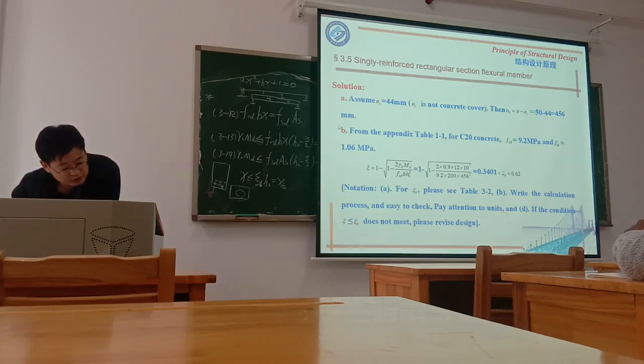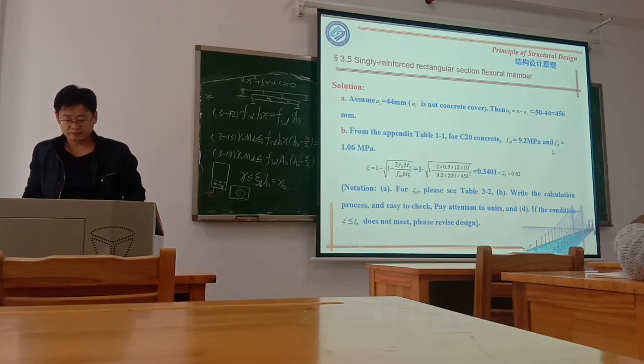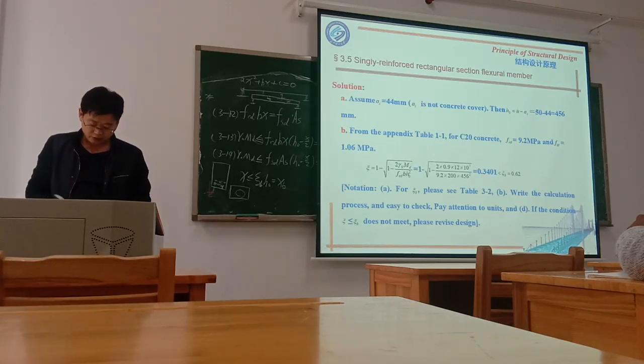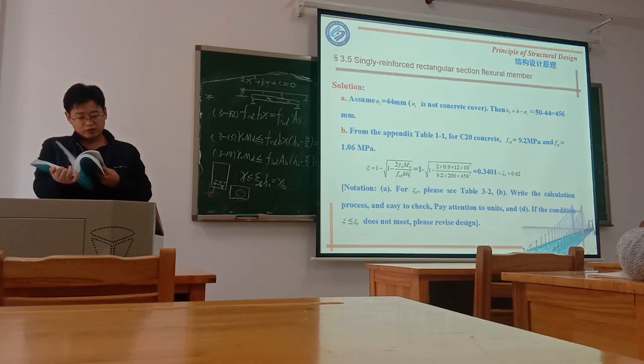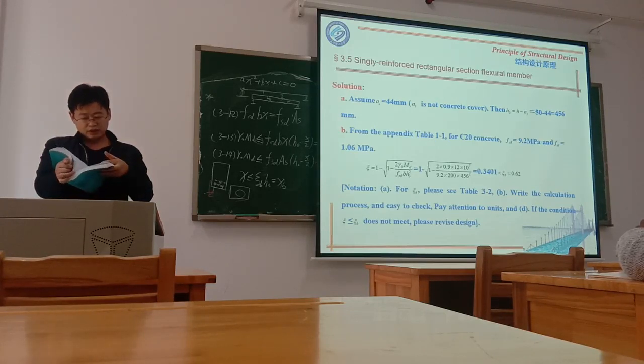Then step B, from the table we can check the strength of the component steel, FCD, FTD. In the book, in the appendix, we have this table for different materials and different grades.